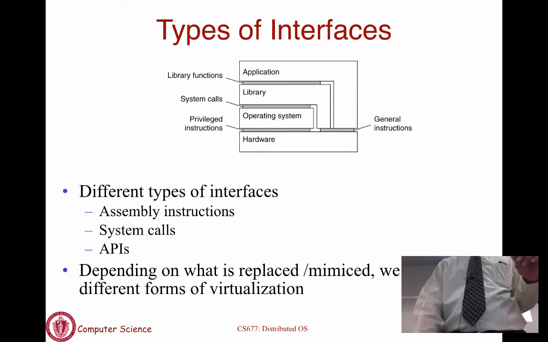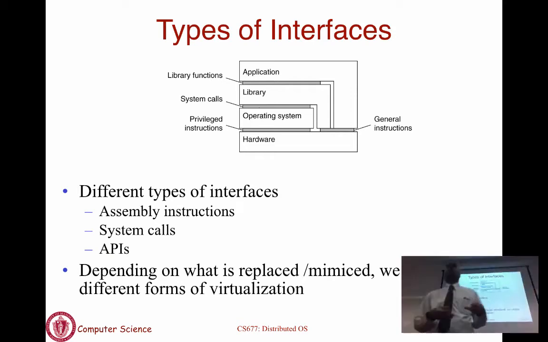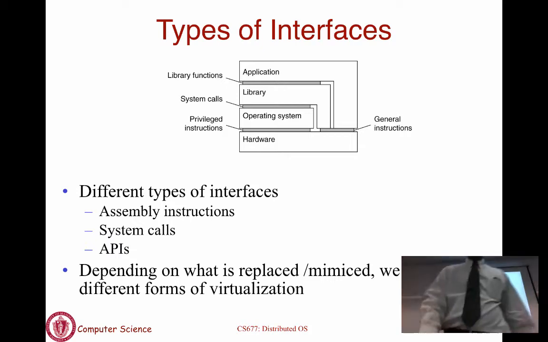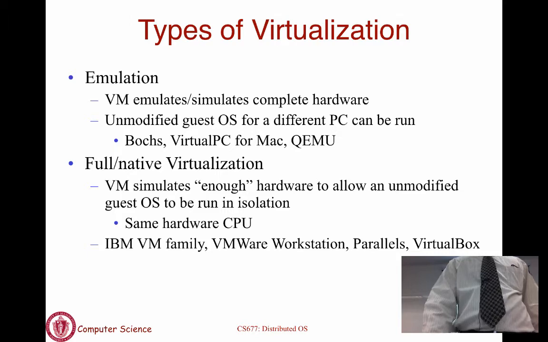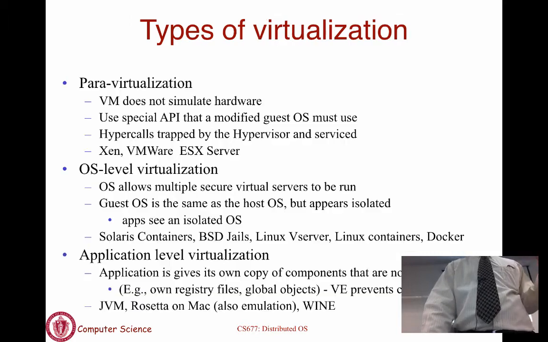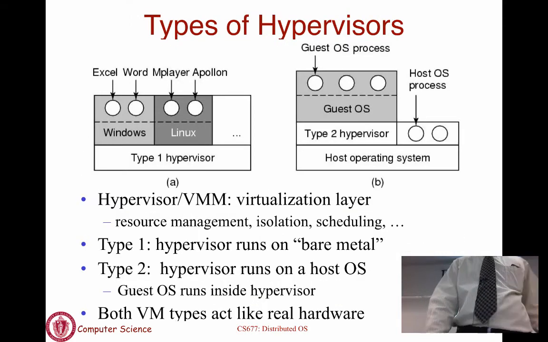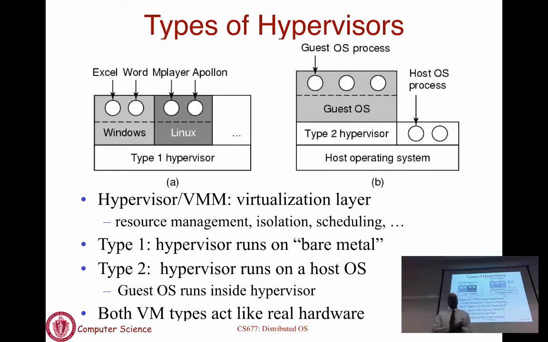We talked about how you can do virtualization at the hardware layer, where you mimic one instruction set using another, at the OS layer where you can mimic one OS interface using the other, and at the application layer, which allows you to use one library interface to mimic another library interface. And we talked about a whole slew of different mechanisms to do virtualization, and I was just getting into the details of hardware level virtualization.